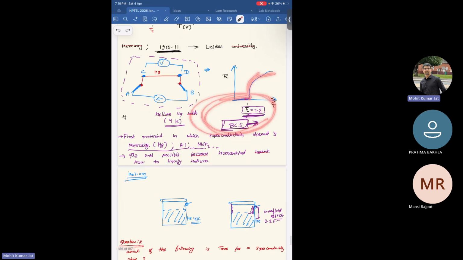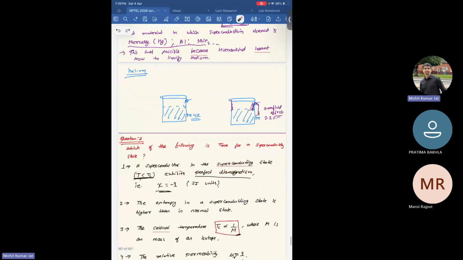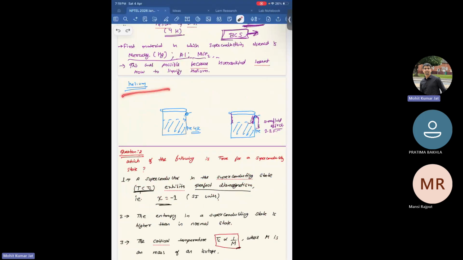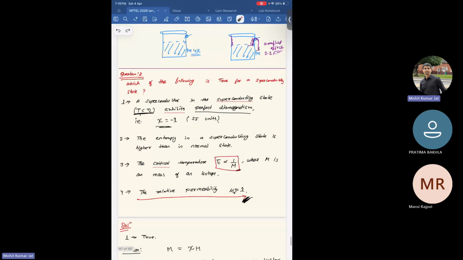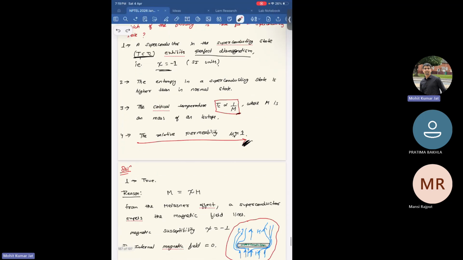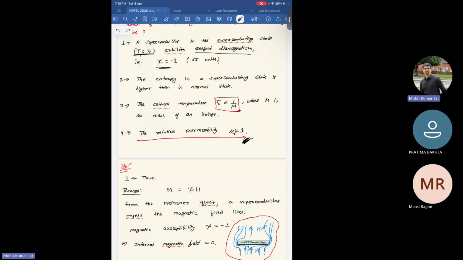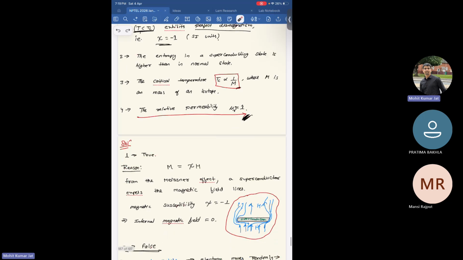Then we discussed helium also, because there was one misunderstanding about superconductivity and superfluidity. So this is something we also discussed, superfluidity of helium below a temperature of 2.2 Kelvin. Then we discussed the superconductor, its Meissner effect, its entropy, how its entropy is different from the normal state, the isotope effect, how your critical temperature is dependent on the isotope mass, the relative permeability.